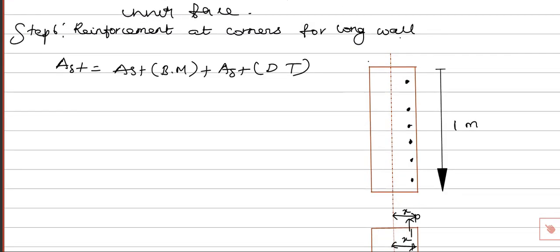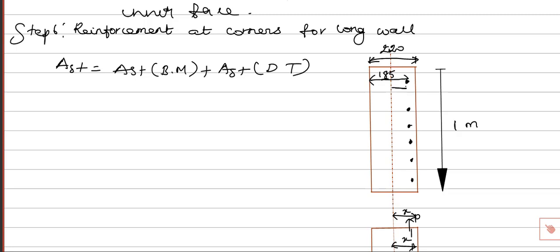Total thickness of the wall is 220. The effective depth of the wall is 185.